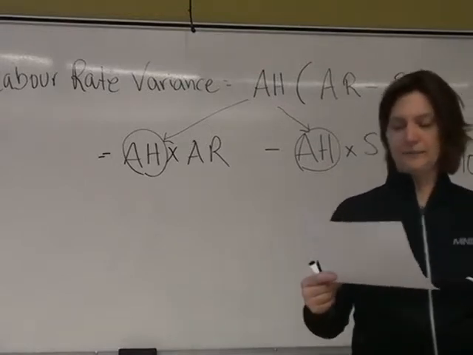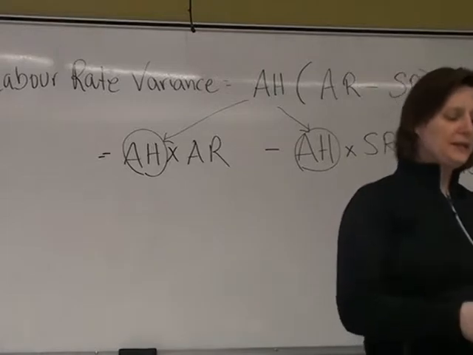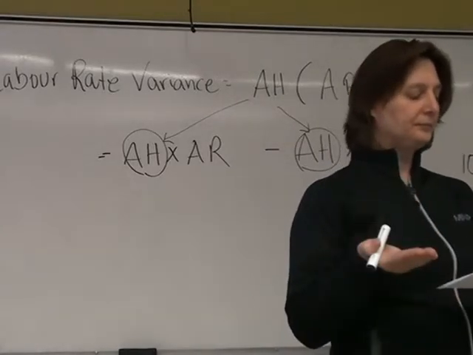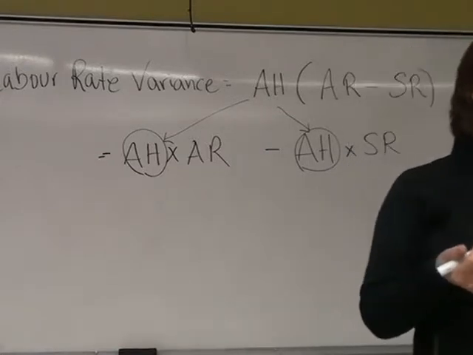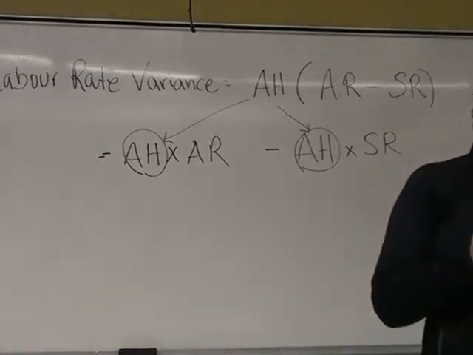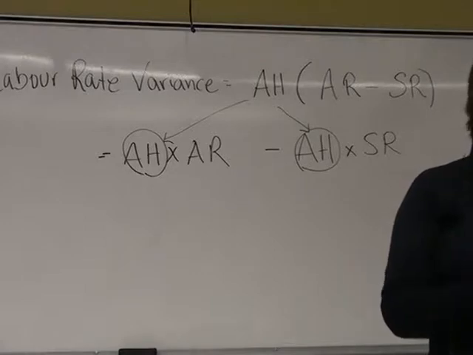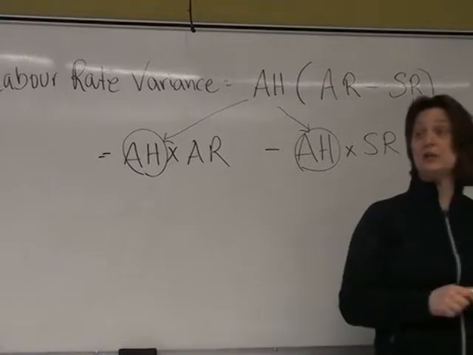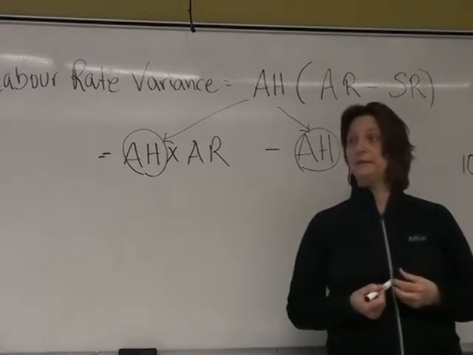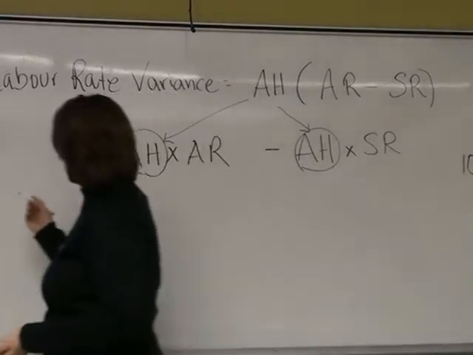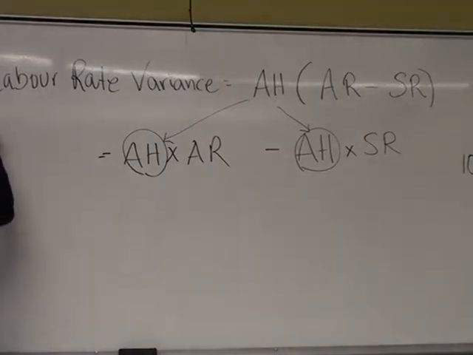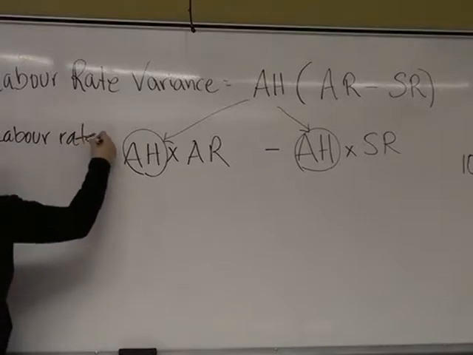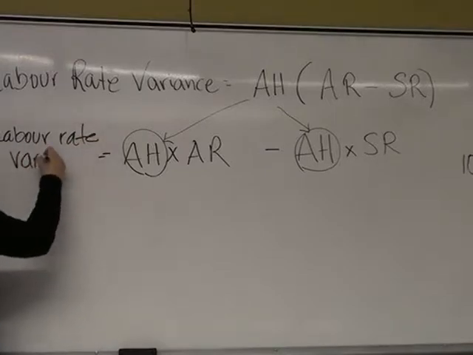Right, exactly. So let's say that instead of those two variances, you had got a variance where both the labor rate and the efficiency variances were favorable. What's an explanation for that? So let's say you got a favorable labor rate variance. So what does that actually mean if it's favorable?